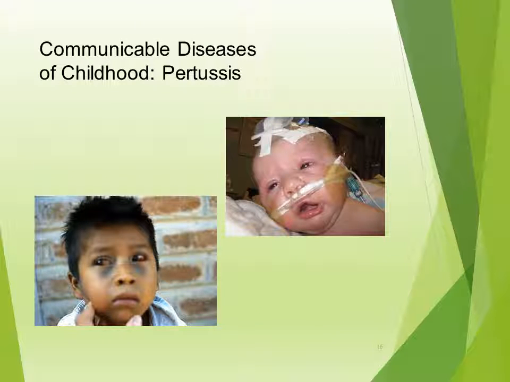Okay, another very serious communicable disease of childhood is pertussis. Pertussis can be very mild in adults, but it's very serious in children. The child will present with a cold or an upper respiratory tract infection for 2 weeks. It just doesn't seem to get better. And after about 2 weeks, a dry, hacking cough will start.